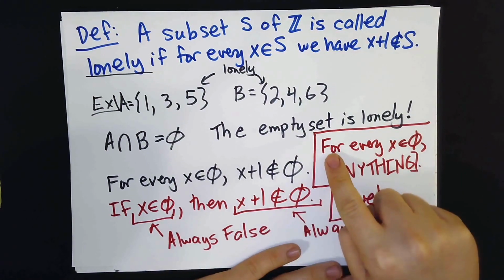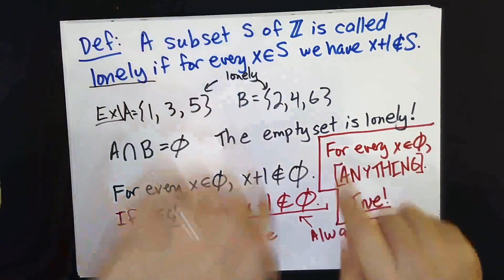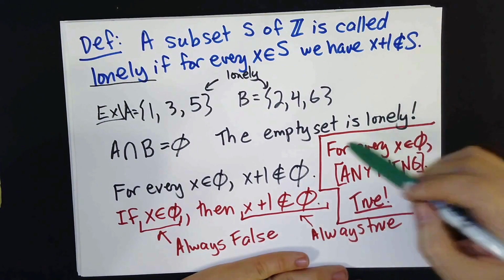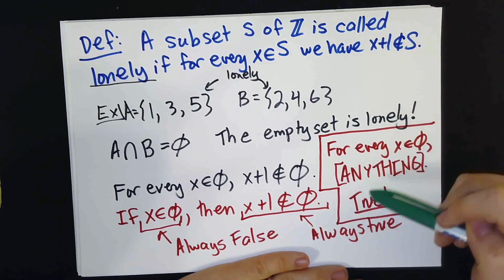But a counterexample to a statement about every element of the empty set would of necessity be an element of the empty set, which, well, there aren't any. So there can't be a counterexample, because there are no elements of the empty set. So, again, conclusion: any statement about every element of the empty set is automatically true.